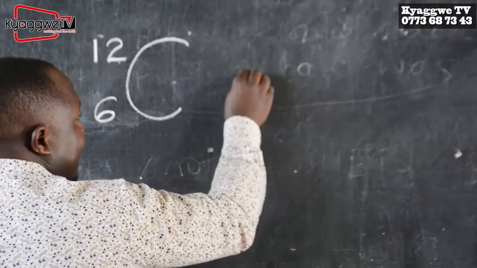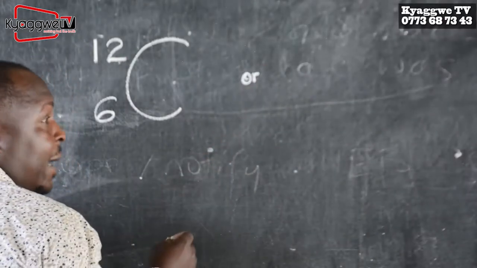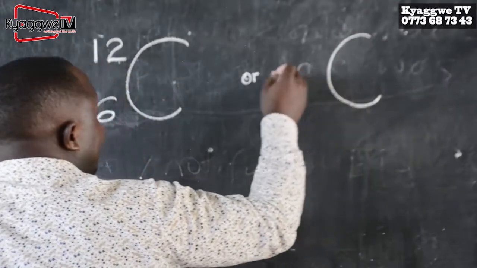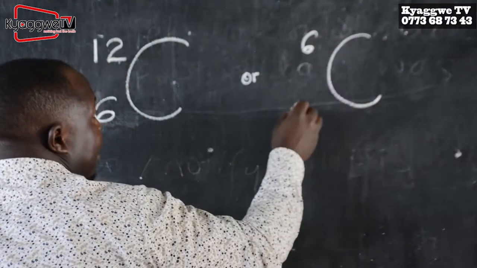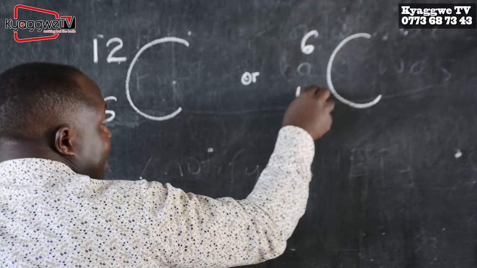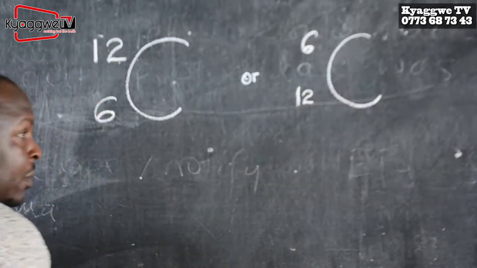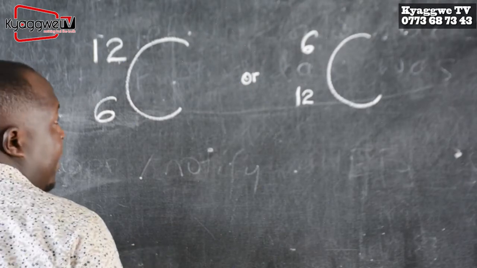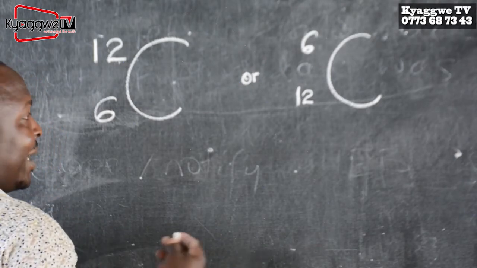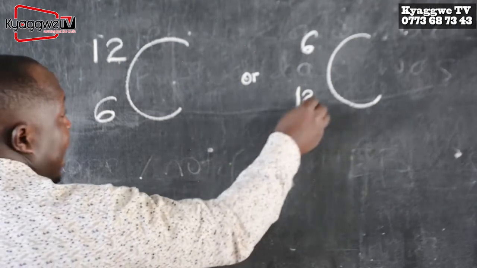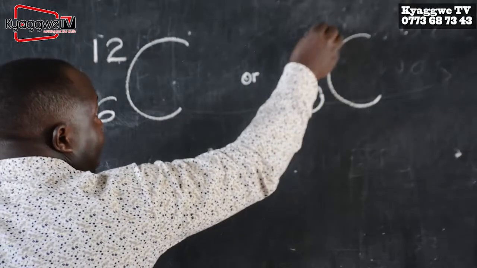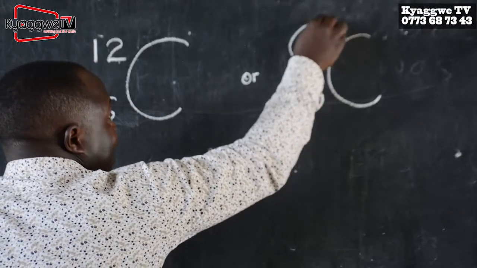However, some books or some writers write carbon, put the atomic number up and the atomic mass down. You'll find some variations. However, it is important that we understand that carbon has atomic mass 12 and atomic number 6.